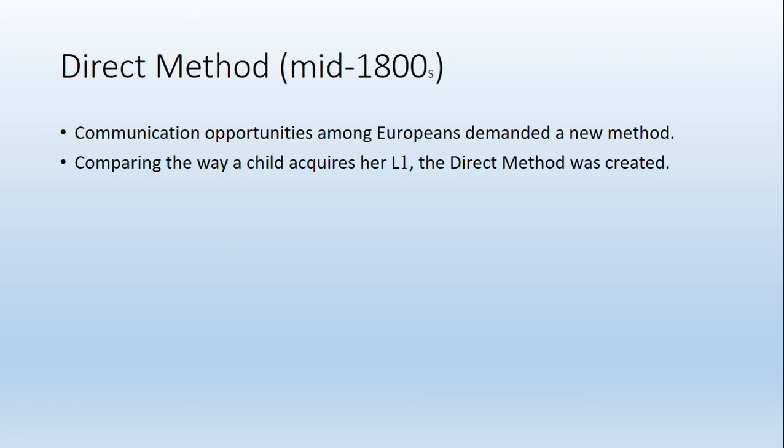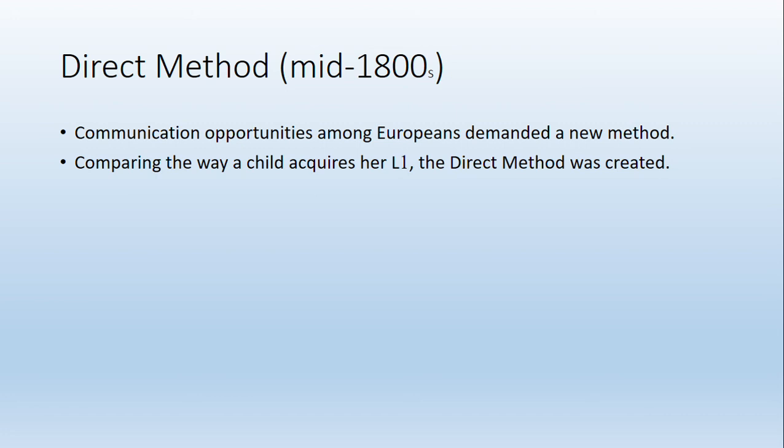But although it is called direct method, we could consider this an approach because the theories behind the direct method are related to the way a child learns. But it is called method because when it was created, there was no difference between method and approach.